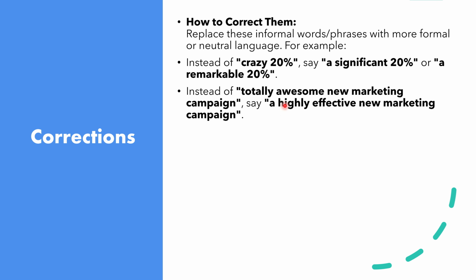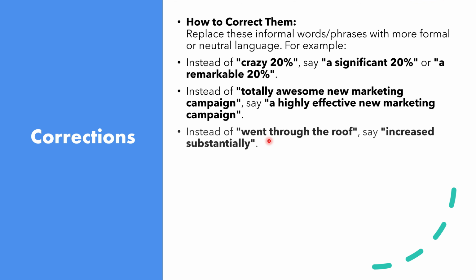But totally awesome is based on my own opinion, and nobody cares about your opinion if you are writing a report. They pay more attention to what the facts say, what the data analysis says, but nobody will care about how exactly you feel about the new marketing campaign. So look at this change, highly effective new marketing campaign.